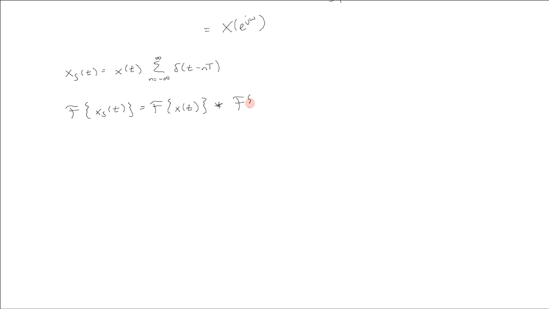So therefore, we have the convolution of the Fourier transforms of each of these individual signals. Now, just to get this in a nicer form, I'm going to let d of t equal our delta train function.